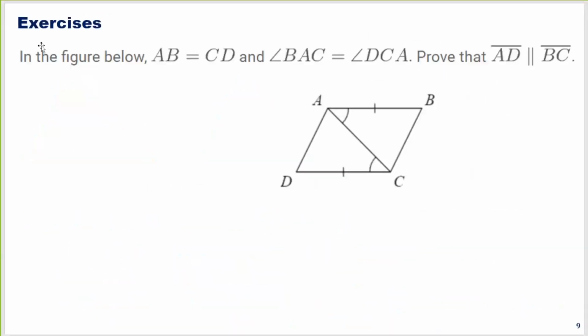Okay, then let's use this testing theorem to do some exercises, okay? So in this figure below, given AB equals CD, two segments are equal, and angle BAC equals angle DCA. Can you prove these two line segments are parallel? AD is parallel with BC.